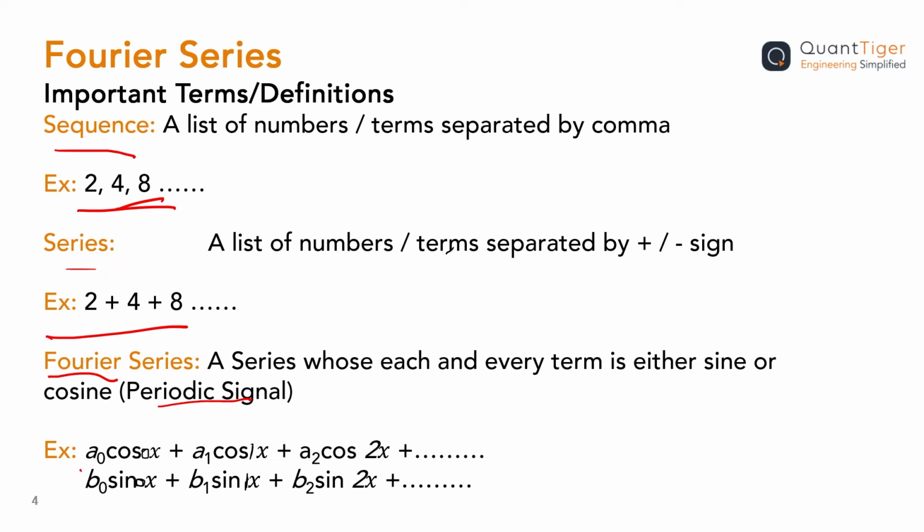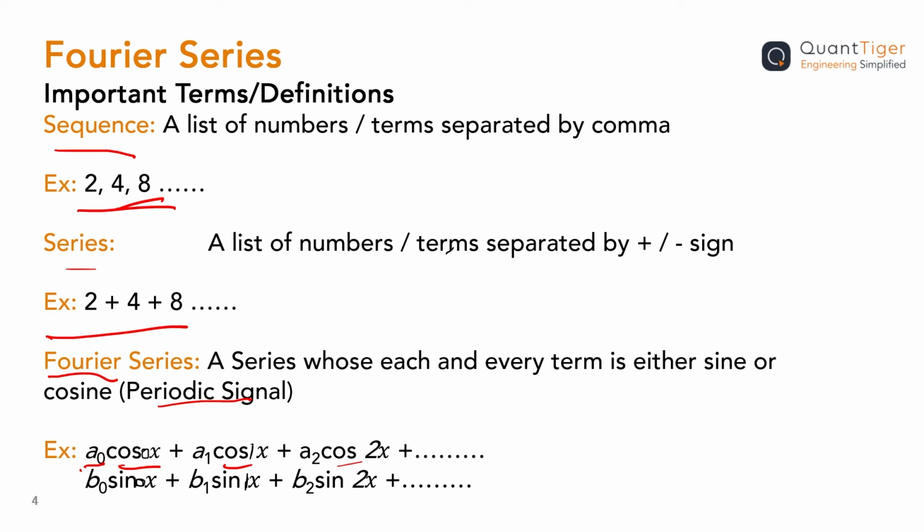The example I have taken here: a0 cos 0x, a1 cos 1x, a2 cos 2x. a0, a1, a2 are nothing but the constants, and these are the cos terms which I have taken. Similarly, these can go till infinity, and some sine terms also I have taken, like b0 sin 0x, b1 sin 1x, b2 sin 2x. These are the terms.